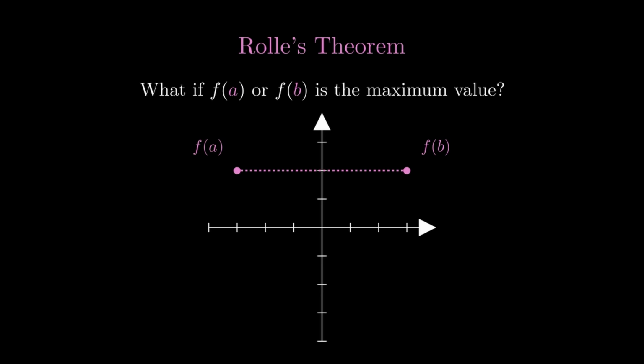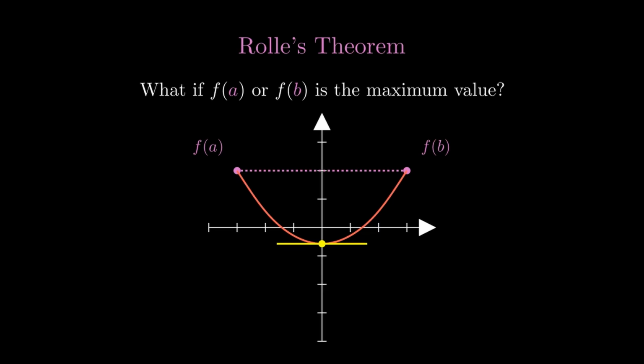If our function dips down from f of a, it must curve upward to meet f of b. Hence, we have some point in between a and b that is a minimum value for f, at which point f prime is equal to 0.